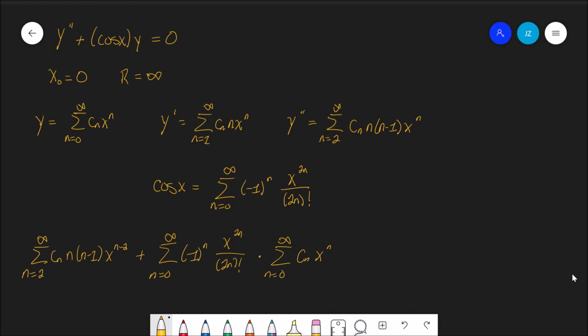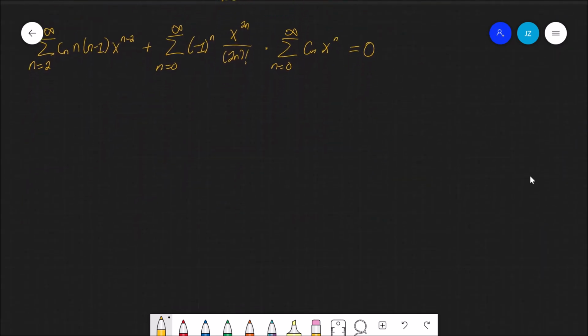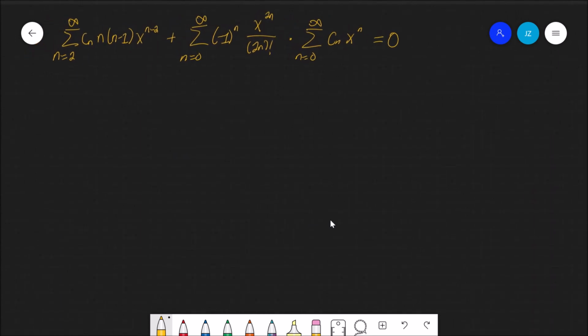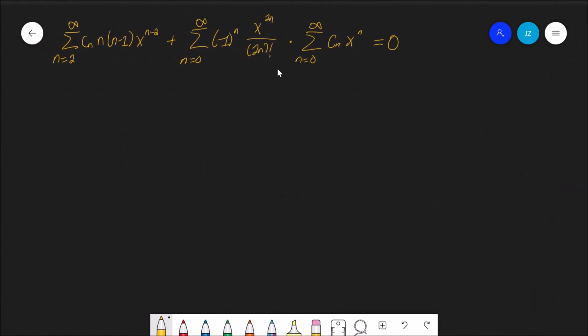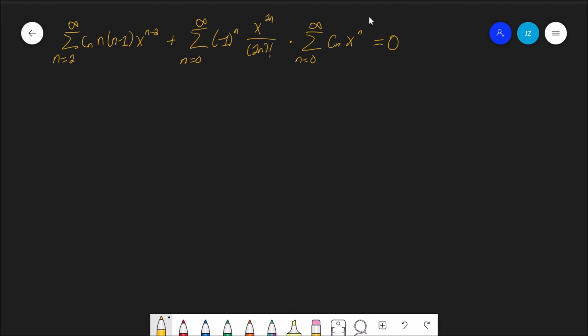And remember, this has to equal 0. Now, unlike in the previous example, it's going to be really difficult to try and keep everything in summation notation, because finding a formula for the product of sums is extremely difficult. So what we're going to do for this example is just write out the first several terms of each summation.